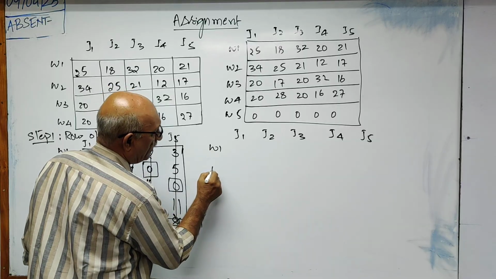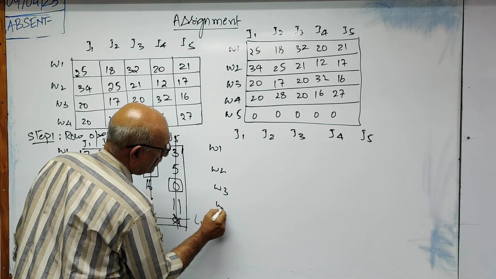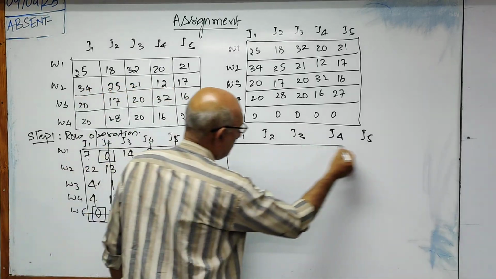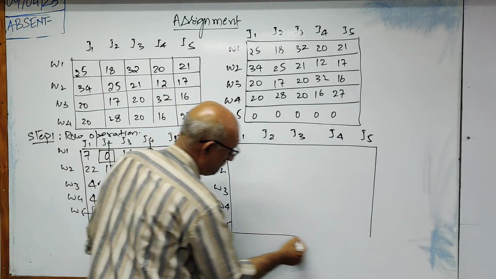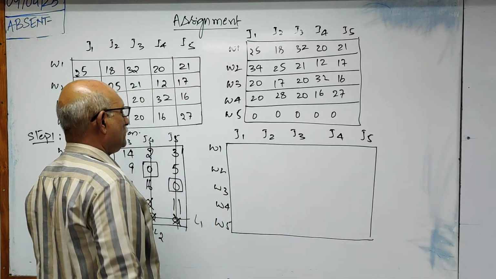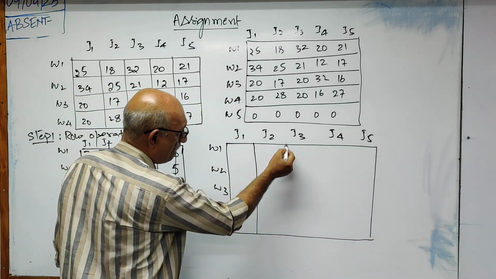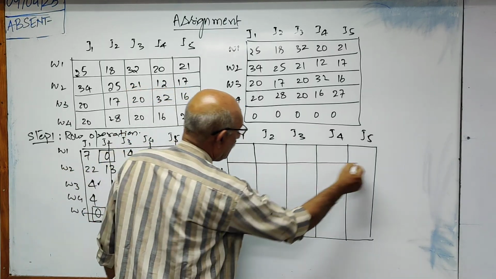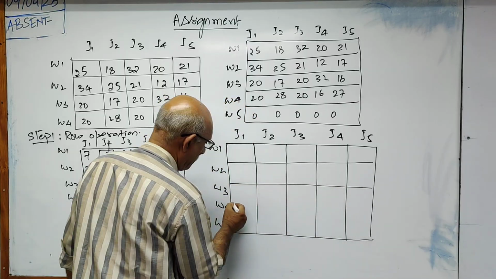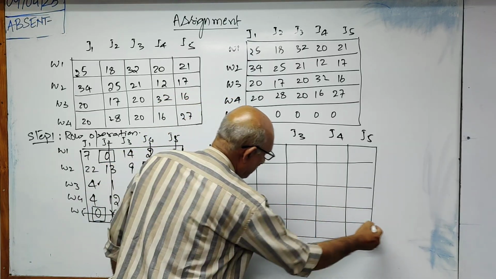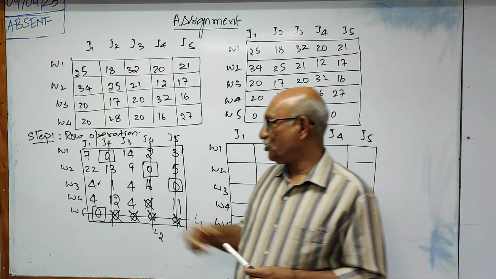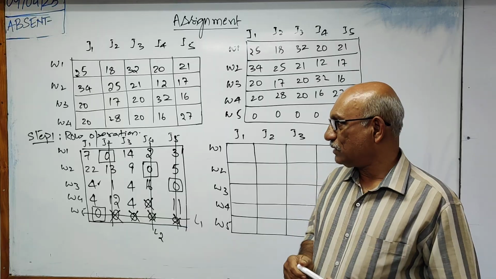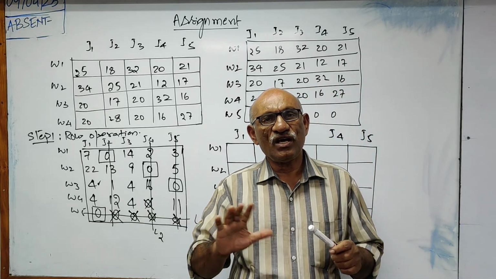For that, let me prepare this table. Look at the position of this table. That is the matrix obtained in step number 1. There are some elements which are free from the lines.